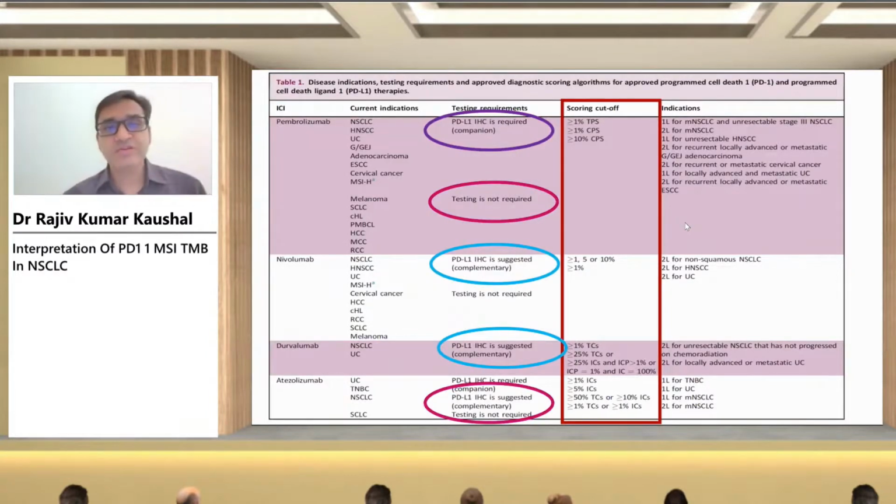This has been established based on trials which have shown that PD-L1 expression across various drug combinations shows significant response, and it's very interesting to see that most of them were used in lung cancer.